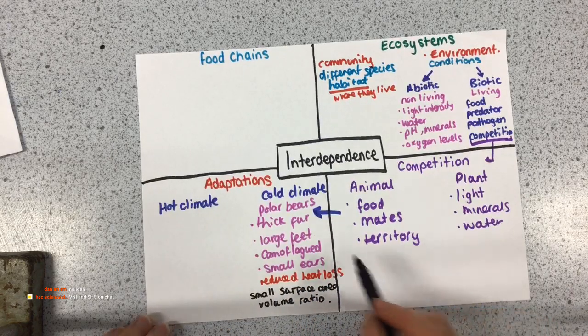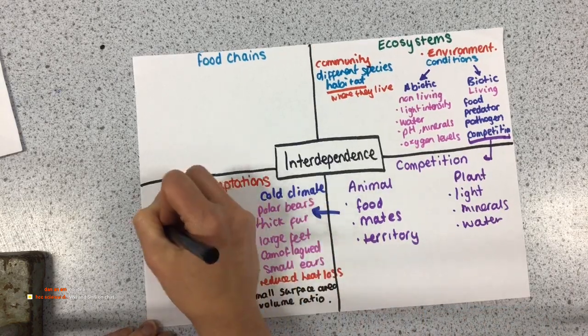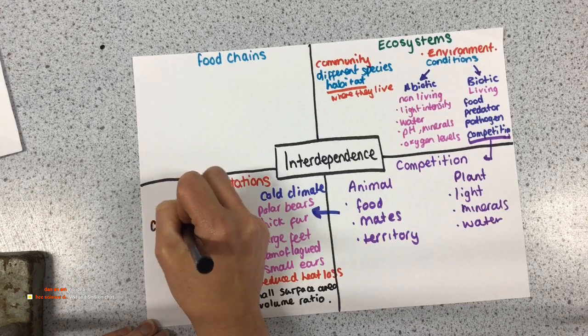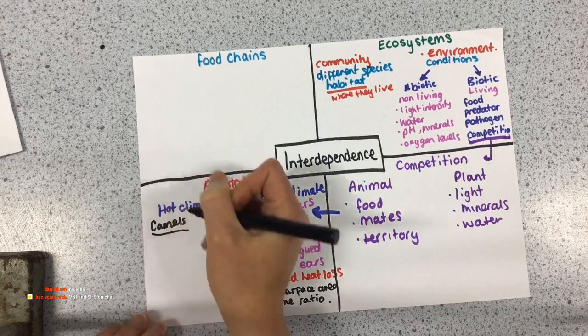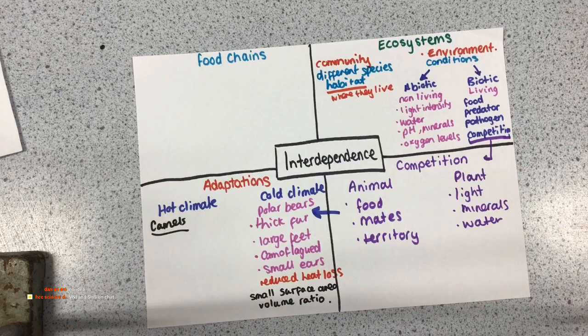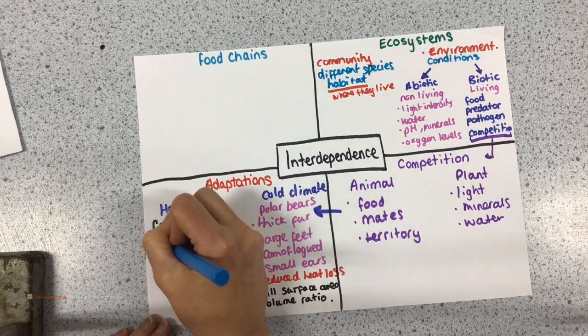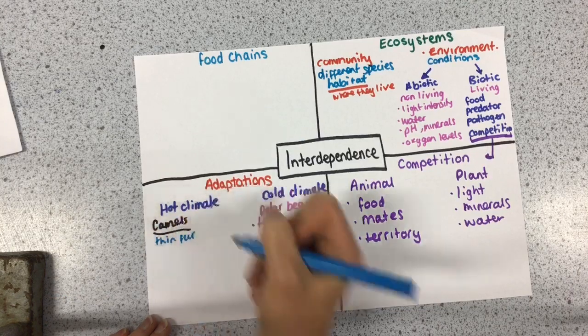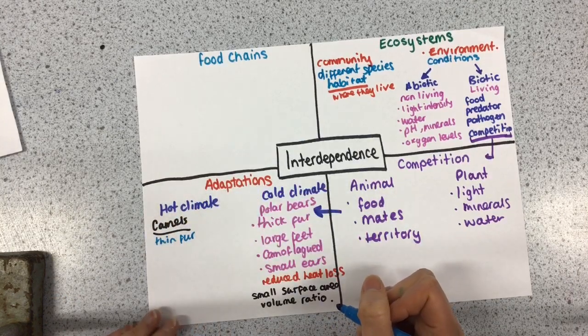Now, for the hot climate, we're looking at camels, and we give an example of a plant in cactuses as well. Now, camels have thin fur, because they don't need to trap as many layers of heat.